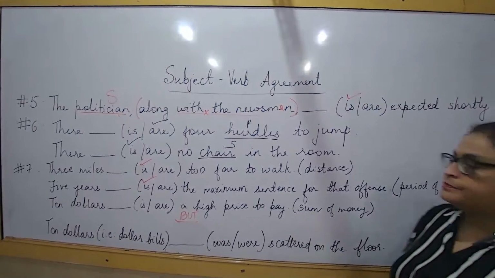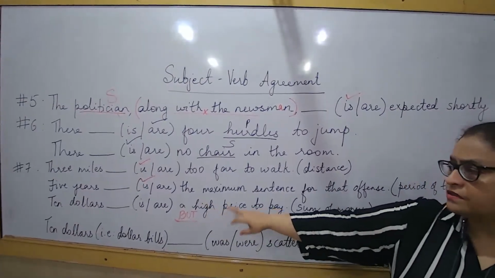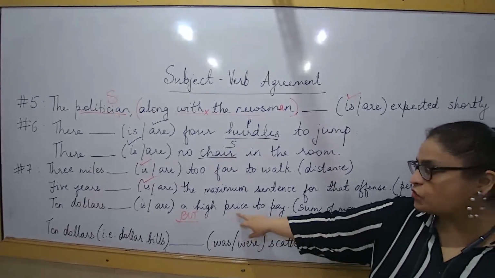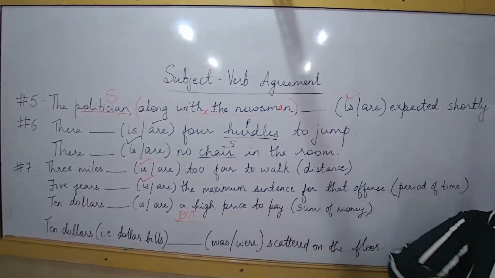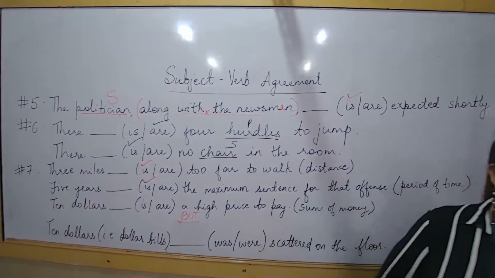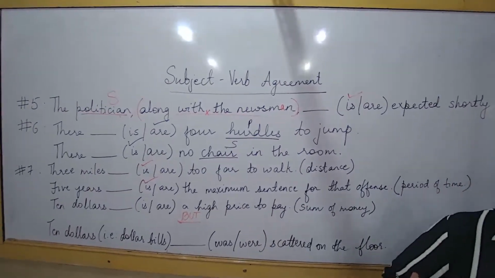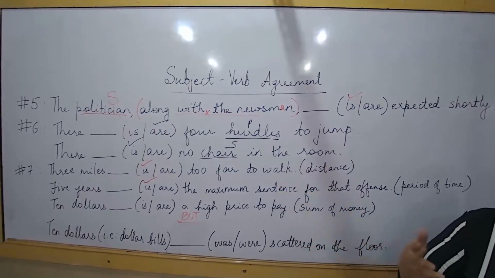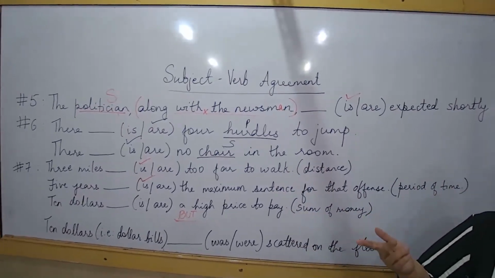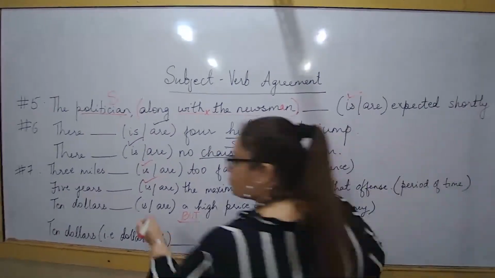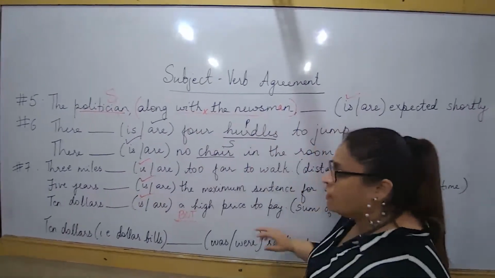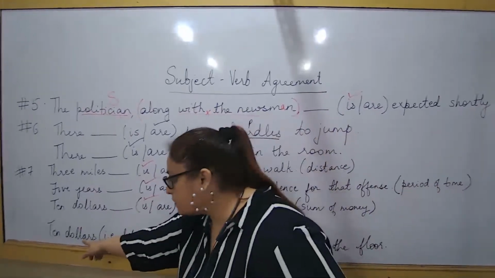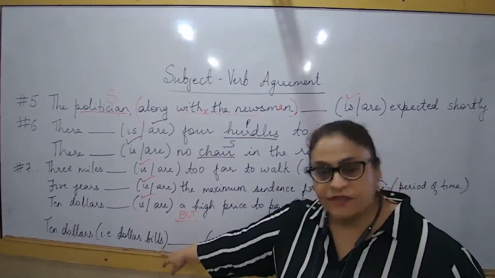Third sentence. $10 dash a high price to pay. Why? Because we are considering it to be 1 unit. The price of this is too much, we will say. We won't say the price are too much. So here also it's going to be singular. But what is the difference here? See here, what's the sentence? $10, that is dollar bills.